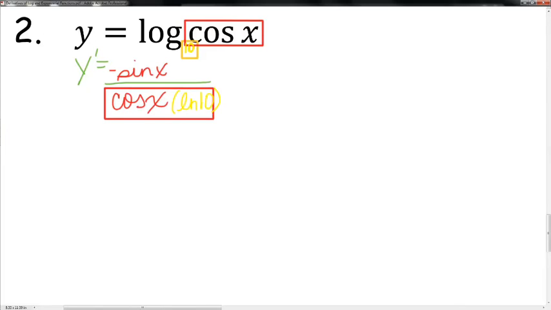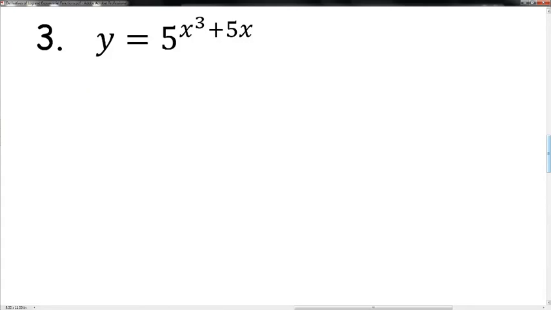Number 3, y prime, and so we're going to follow the same thing. I have something raised to a function similar to e to the u, and so again with my e to the u, here's my base, here's my power. I'm going to rewrite it.